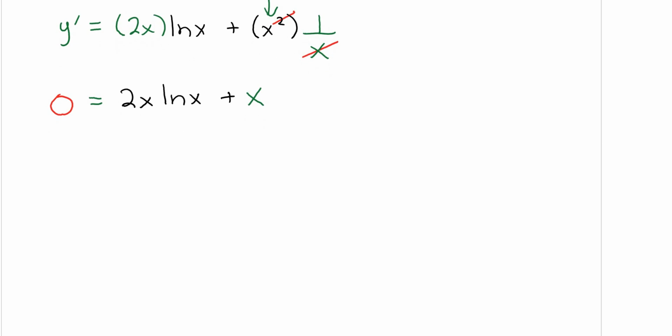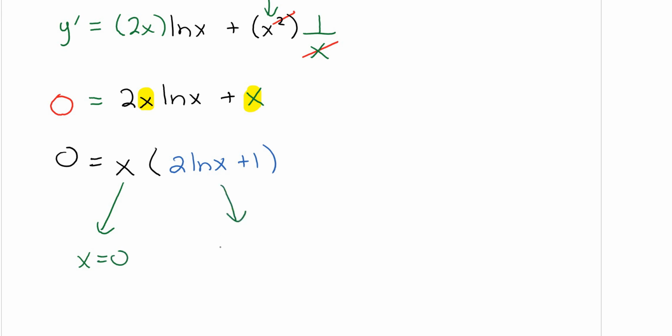Okay, so in order to do that, let's go ahead and factor out the common term here, which is x. If I factor that out, I get x times (2 ln x plus 1), and that's being set equal to 0. To finish this off, this part right here means x equals 0, and this part right here means 2 ln x plus 1 equals 0.